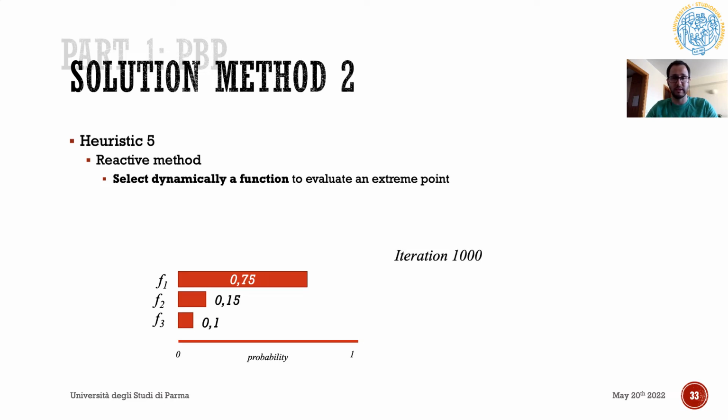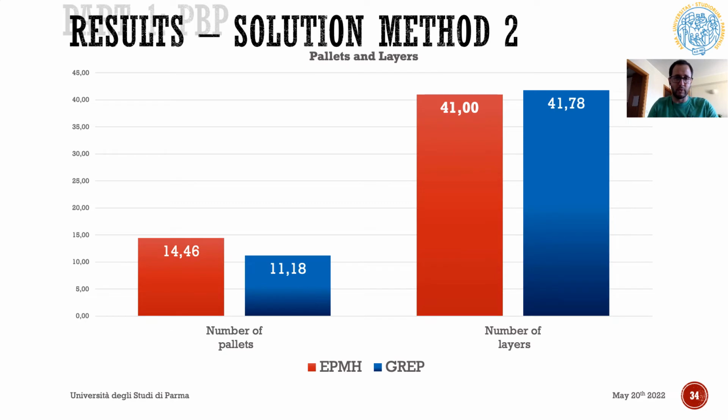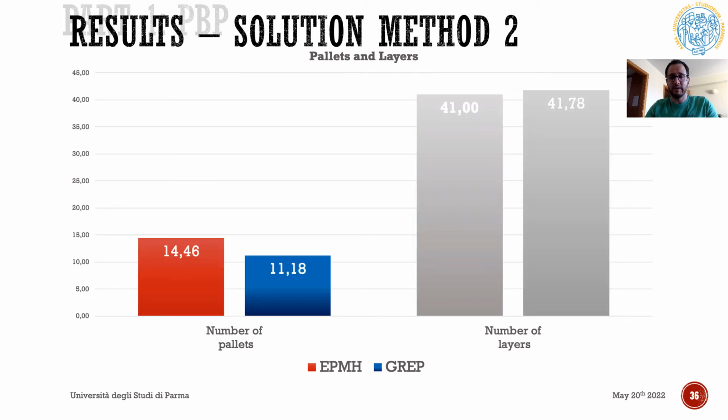Suppose the scenario of probabilities at iteration 1000: F1 has a higher probability to be chosen, right? When analyzing the results for pallets and layers, although the number of layers in GRAPH is greater than in the first heuristic here, the final number of pallets is lower than in the first heuristic. This indicates that the composition of pallets is important.